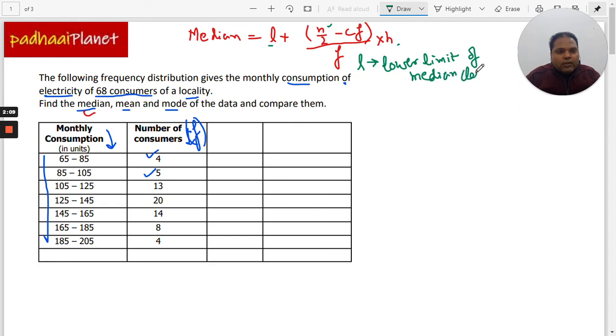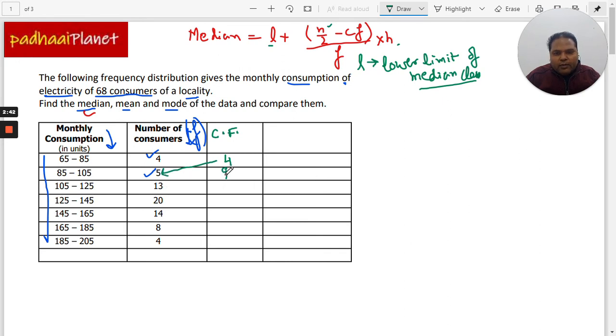Let's first understand what this median class is. The median class is the class which has the median frequency. For that we need to find the cumulative frequency, and you would already know that to find the cumulative frequency we first write the same frequency, and then this frequency is added into the next frequency, and we get 9.